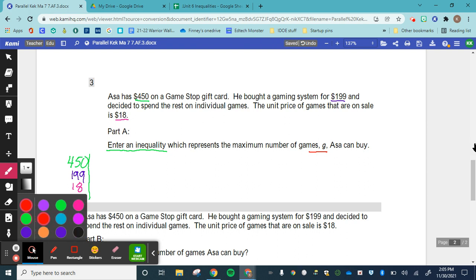So I organized by first just listing the numbers, and then I go back and see what each number means. Asa has $450 on a GameStop gift card.